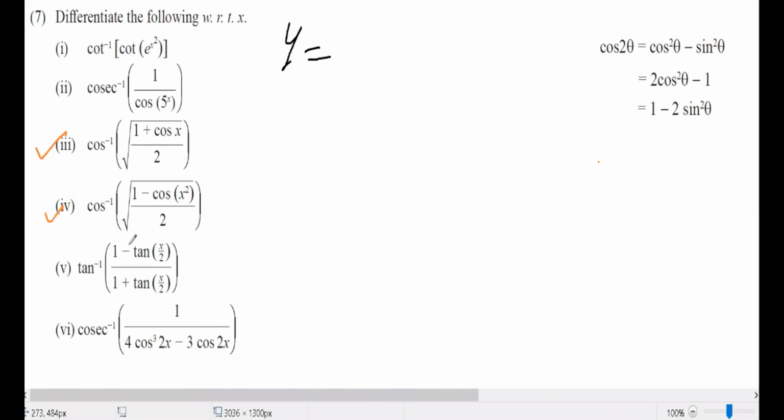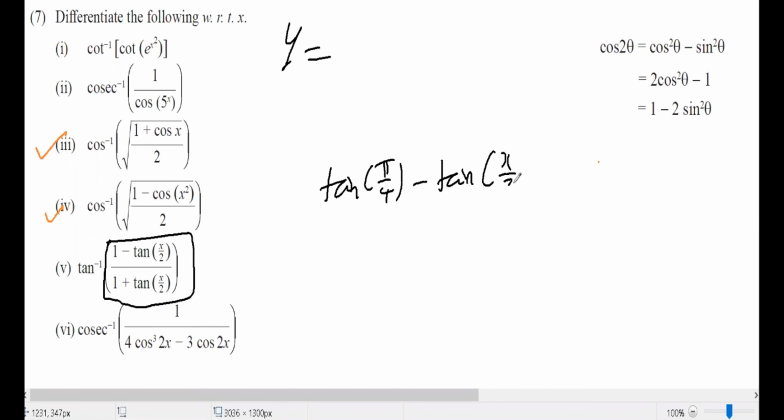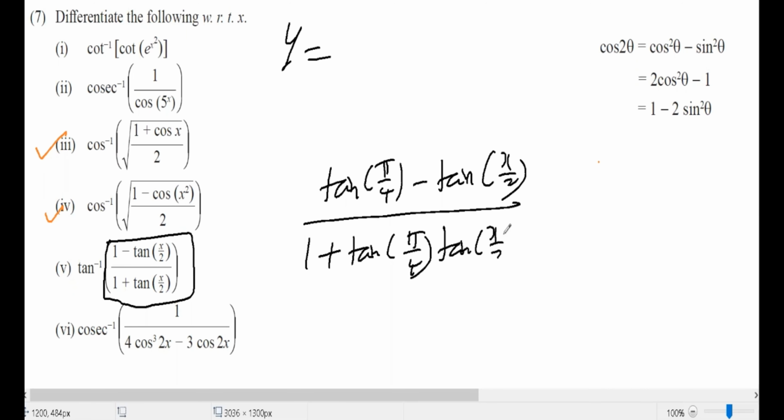Now in the case of the fifth one, it is tan inverse of 1 minus tan of x by 2 upon 1 plus tan of x by 2. Now see, what is my intention? My intention is to bring this entire term as tan. How to bring it? Can I write this 1 as tan of pi by 4, so that I get tan of pi by 4 minus tan of x by 2 upon 1 plus tan pi by 4 into tan x by 2?